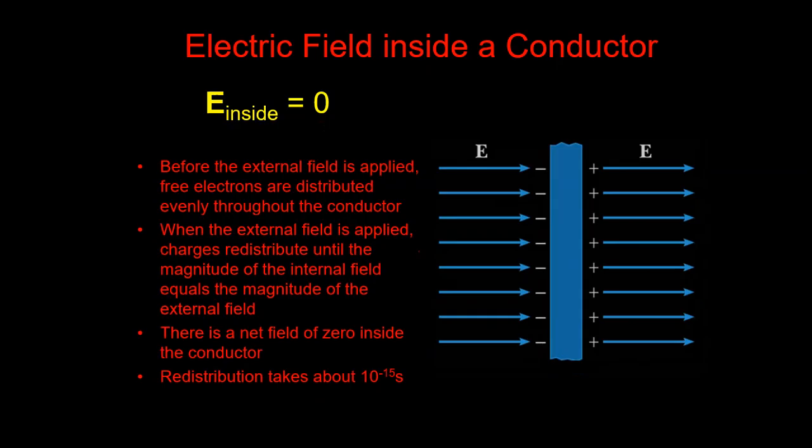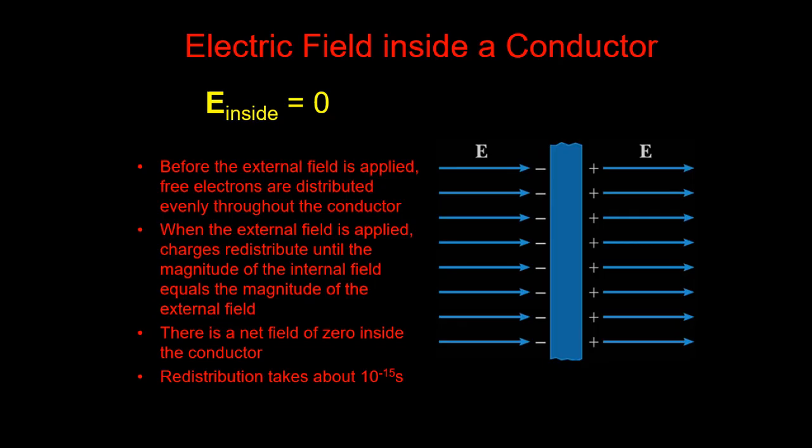So before an electric field is applied, free electrons are essentially distributed throughout a conductor. When an external electric field is applied, the charges will redistribute themselves incredibly quickly until the magnitude of the internal field equals the magnitude of the external field.